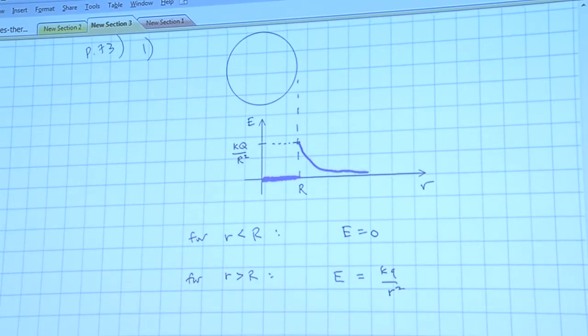That's supposed to be a nice curve. So in this region, E is 0. In this region, KQ over R squared. Okay? Good with that?